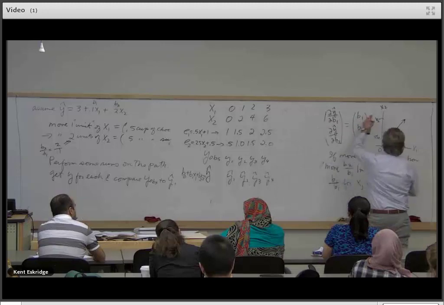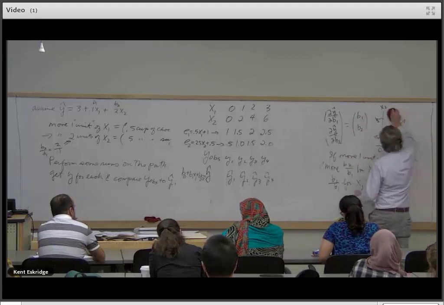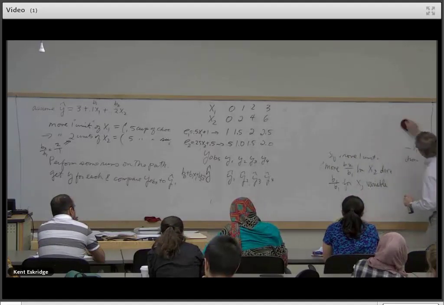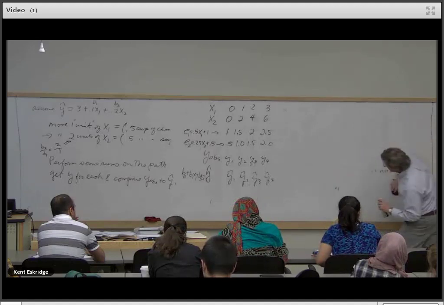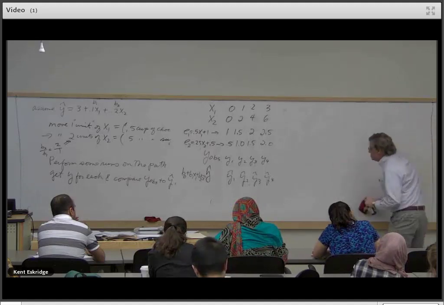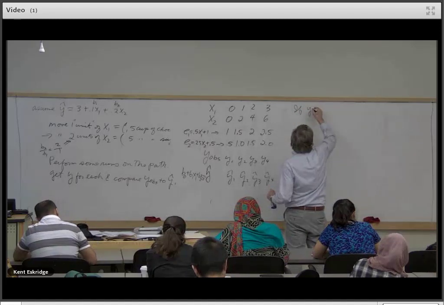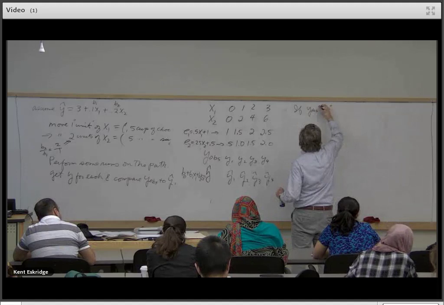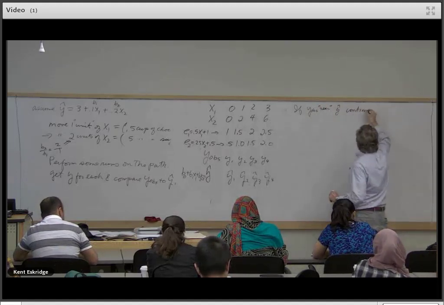Depends. If the observed is close to the predicted, whatever that means, then continue along the path. Continue making runs along the path. So if y observed is near, whatever that means, y hat, then continue on the path.